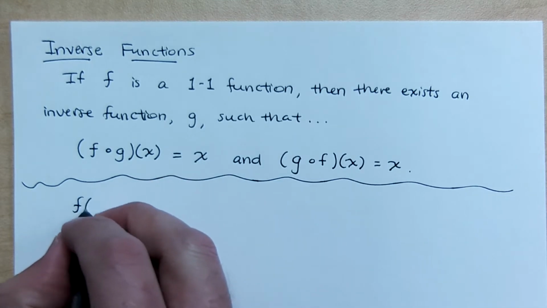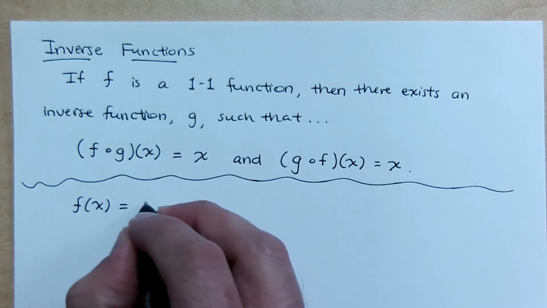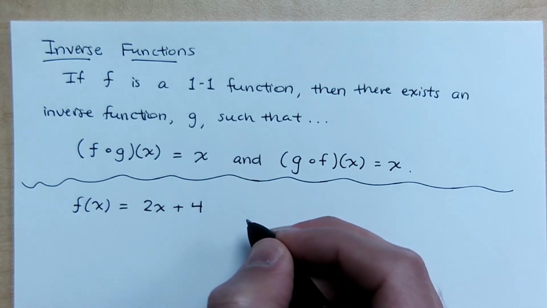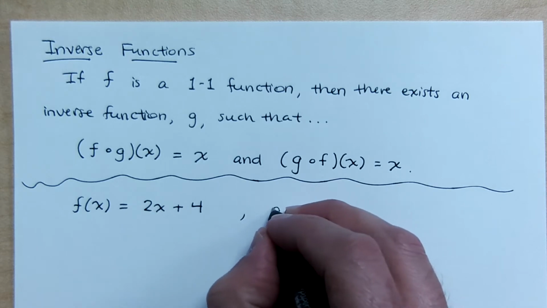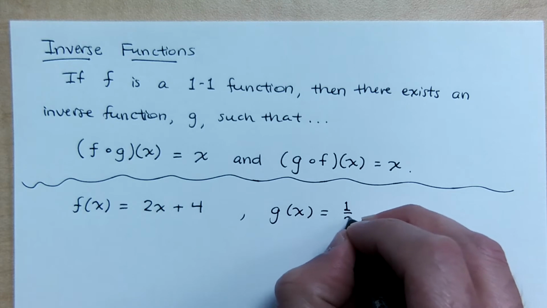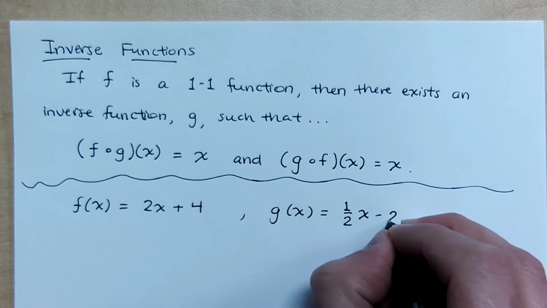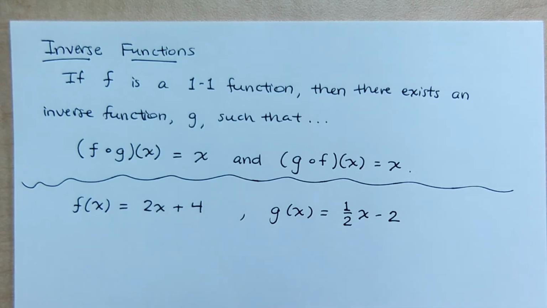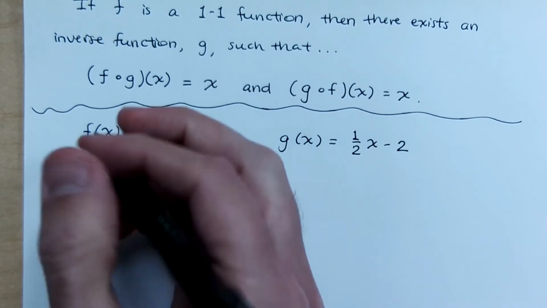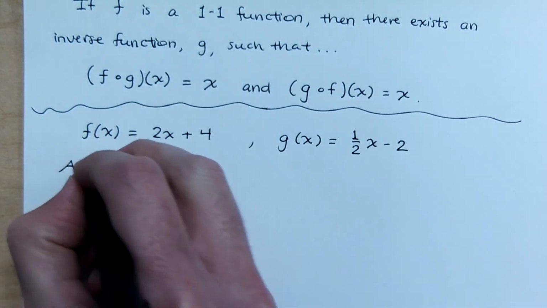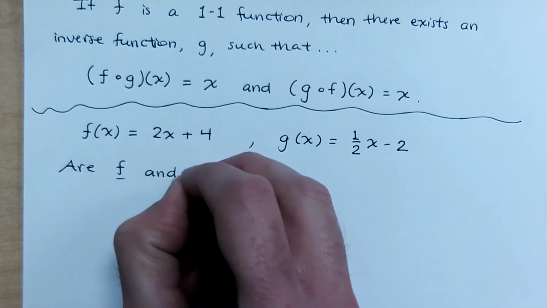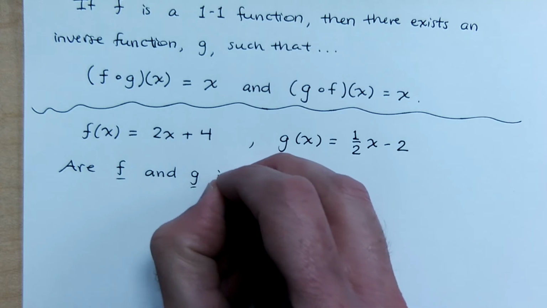So, for example, I want to look at f of x is equal to 2x plus 4, and this is just the same kind of stuff you're going to see in your homework. And g of x is equal to 1/2 x minus 2. So I'm saying here are these two functions, and I'm going to ask the question, are f and g inverses of each other?